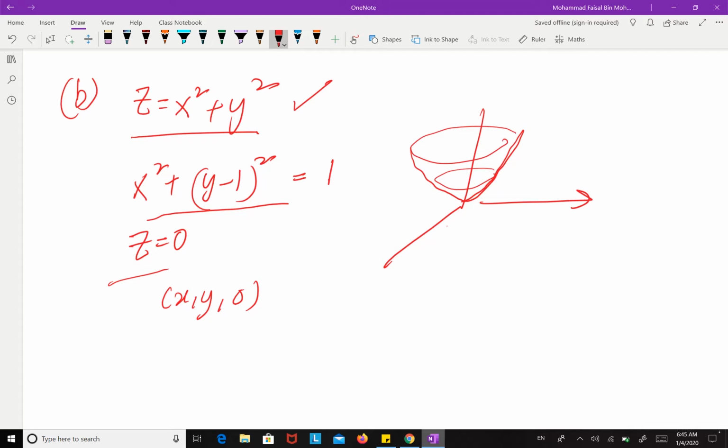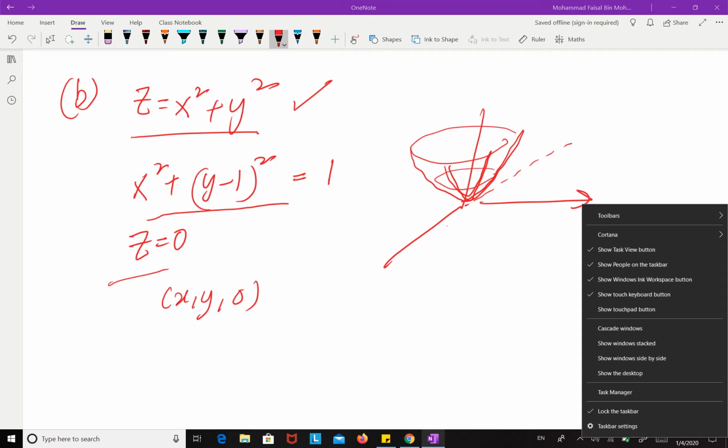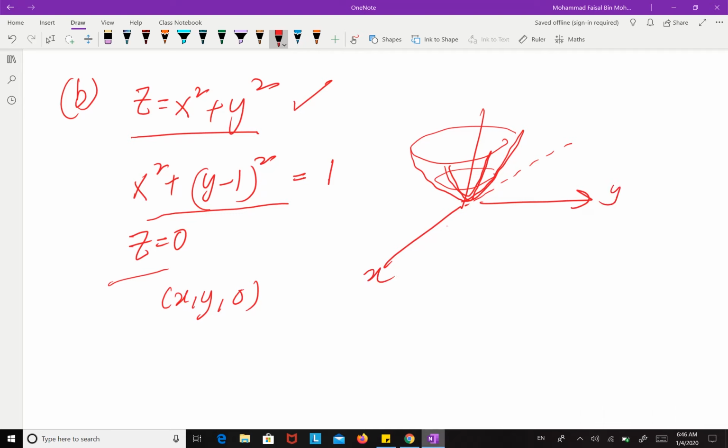The same if you draw the negative part like this. This is x, y, and z. Another one is centered at x is 0, y is 1, so it is here.